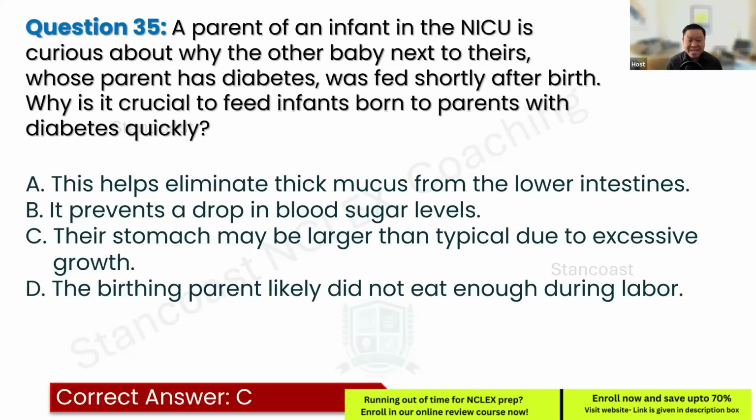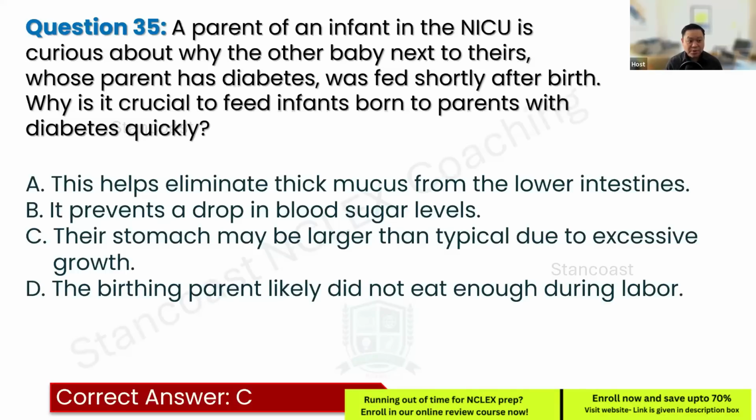Now, if you selected letter D, it's also incorrect because newborn feeding is based on the infant's metabolic requirements, not the parent's intake during labor. And the aim is to manage the newborn's blood glucose, not to compensate for the parent's dietary habits. So, your task in this test question is to focus on the metabolic needs of the newborn in the context of maternal diabetes. This will help you understand early feeding's role in blood sugar stabilization.